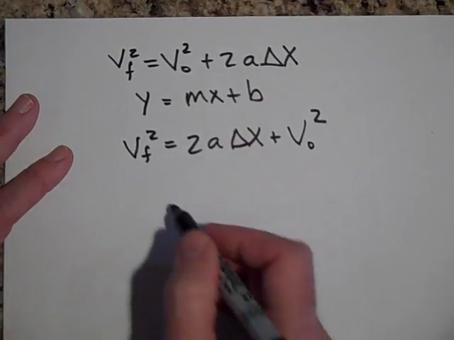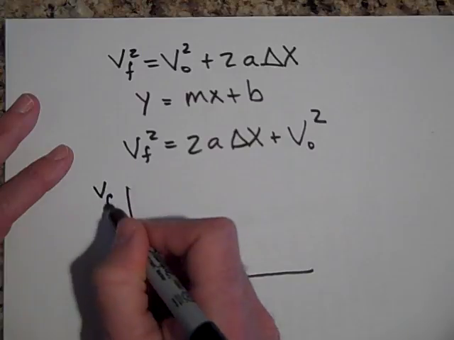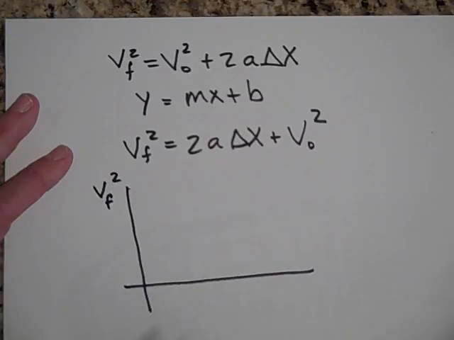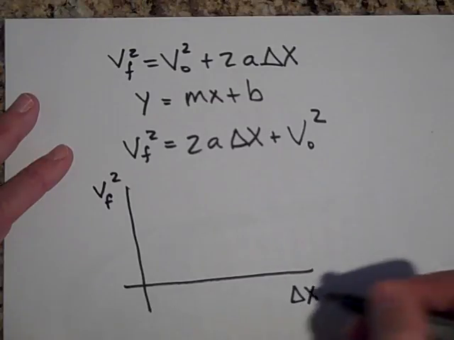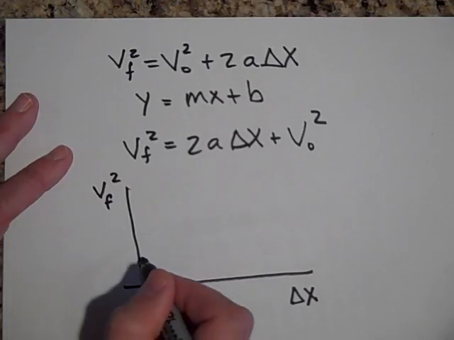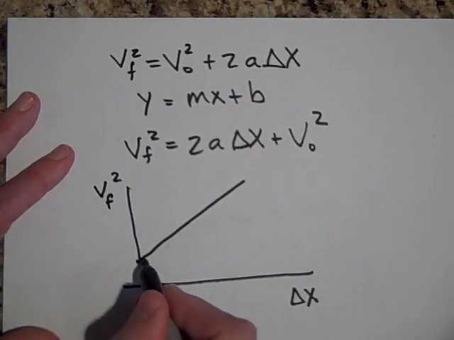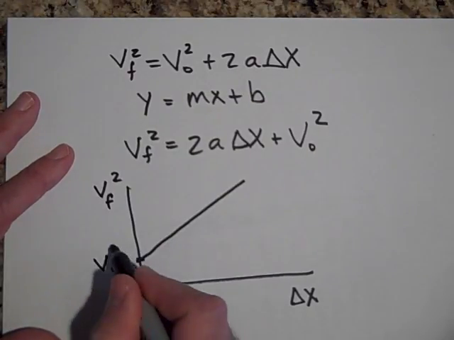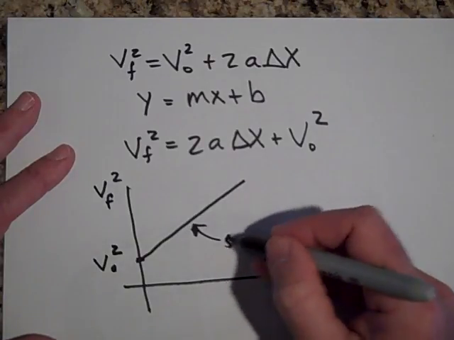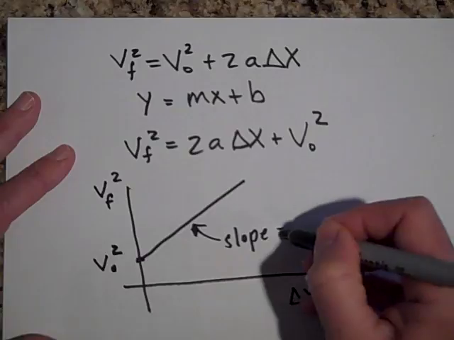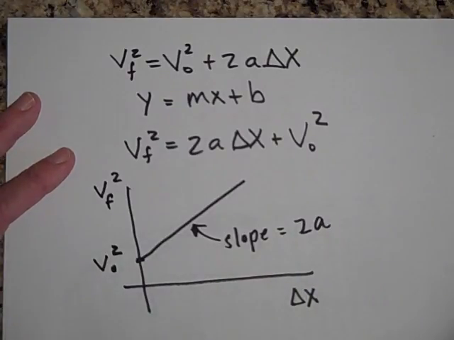Okay, so if I were to graph v final squared and delta x, then what I would get is maybe something that looks like that. And this would be v0 squared, and the slope of this thing would equal 2 times a, twice the acceleration.